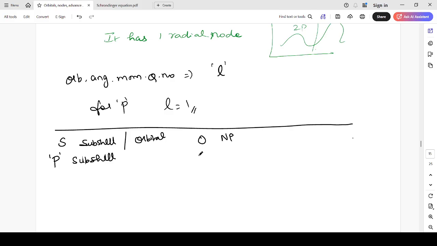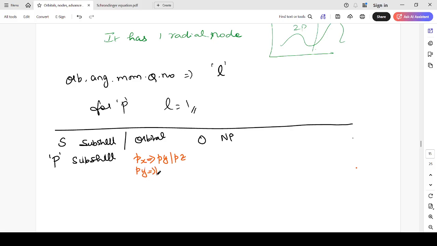Think and say. One, ma'am. I asked about the p subshell, I didn't ask about the p orbital. What you're saying is for a p orbital. When I say px, the nodal plane could be either in py or pz.